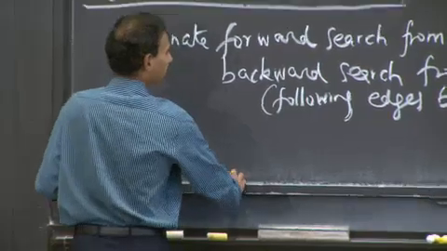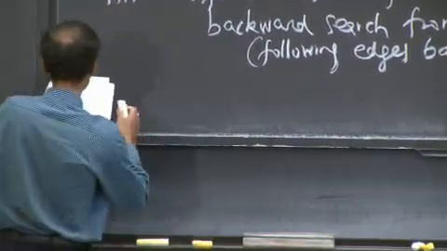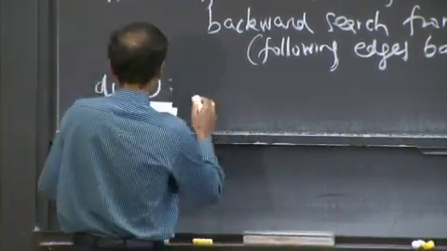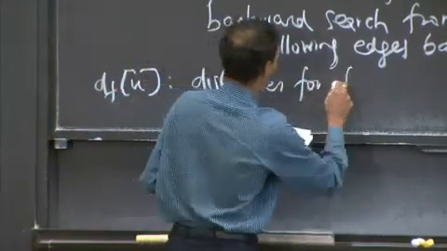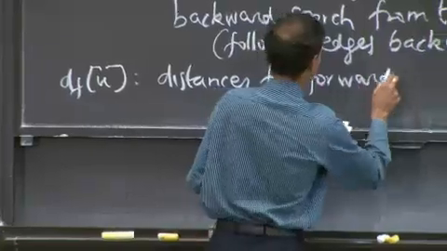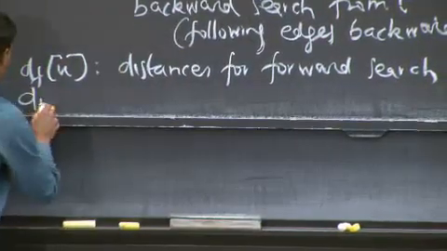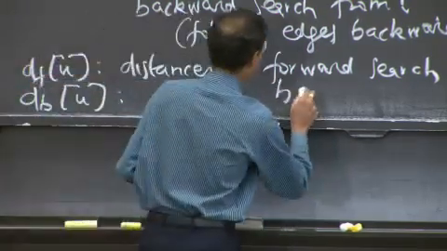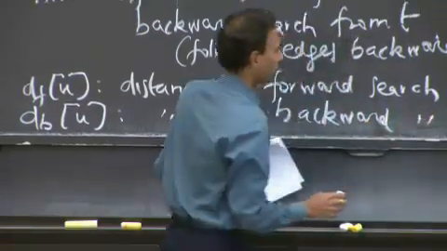So let me put down all of the specifics associated with these data structures. D_F of U corresponds to the distances for the forward search, and D_B of U corresponds to the distances for the backward search. Okay?